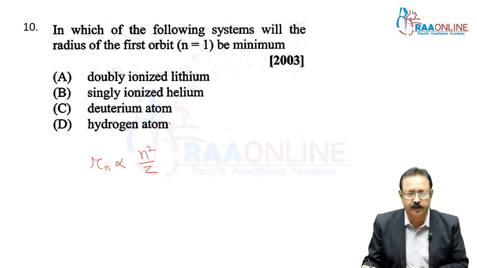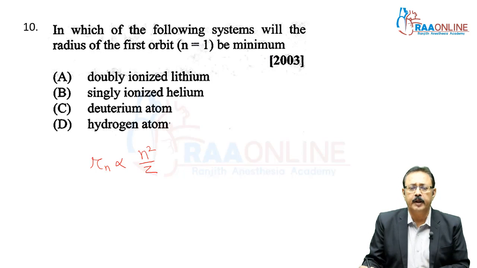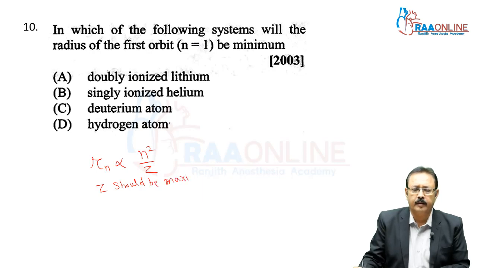We want to talk about the first orbit. If z is maximum, then Rn will be minimum. So z should be maximum for minimum R.